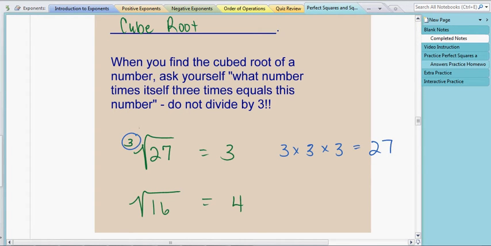Therefore, the cubed root, or third root of 27 is 3. And in the next problem, we're saying that if we take 4 and multiply it twice, we'll get 16. So the second root, or square root of 16, is 4. Square root is so common, we don't put the 2 where we normally list what root we're working with. Only if you're dealing with a third root, fourth root, etc., do we write that in.